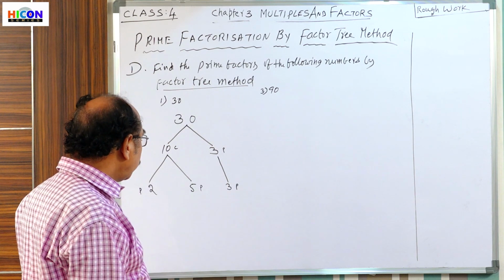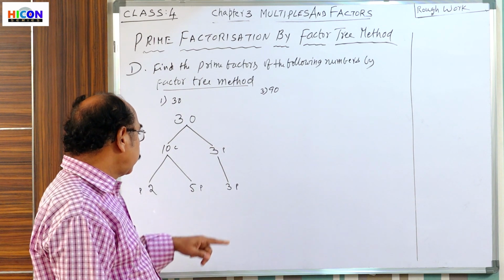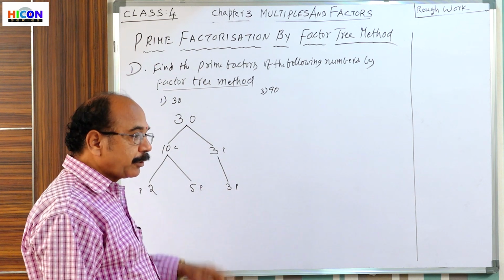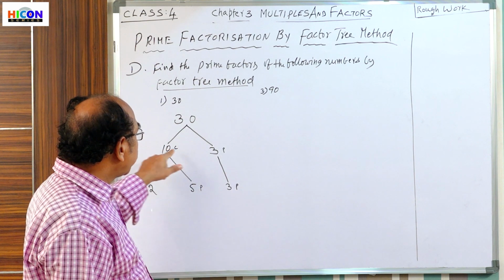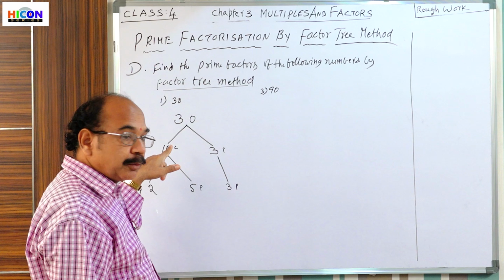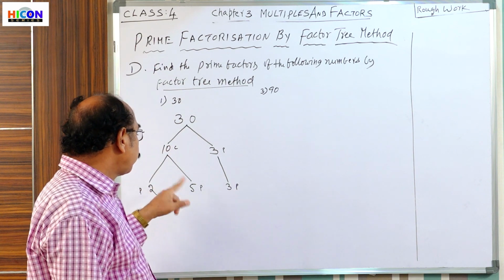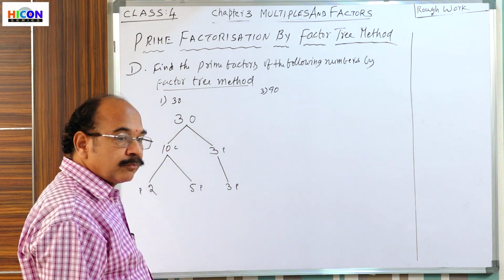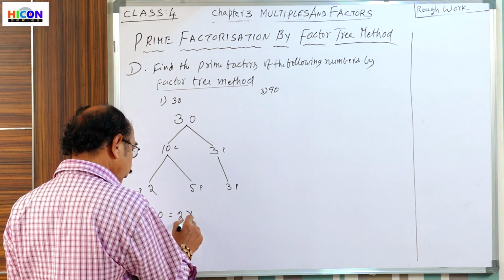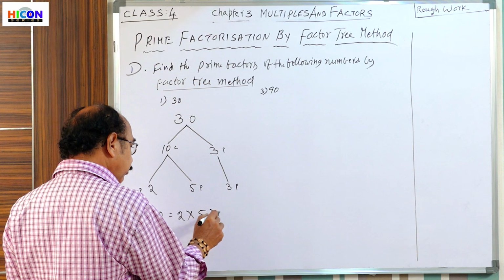Okay children, so 2, 5, 3. 2 is prime, 5 is prime, 3 is prime. In this step, 10 is composite, 3 is prime. That's why the composite is broken as 2 into 5. So 30 can be written as 2 into 5 into 3.